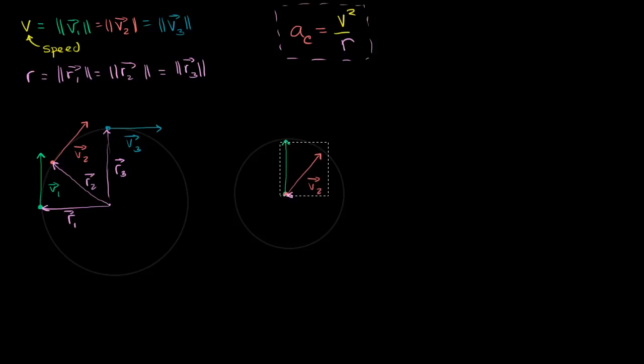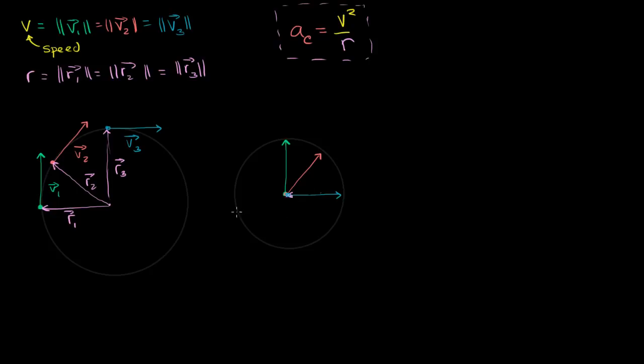And then let me do it also for v3. So for v3, I'll just get the vector part. I don't have to get the label. So copy and paste it. And that right over there is vector v3. And let me clean this up a little bit. So that's clearly v2. I don't think we have to label it anymore. We know that v2 is in orange.